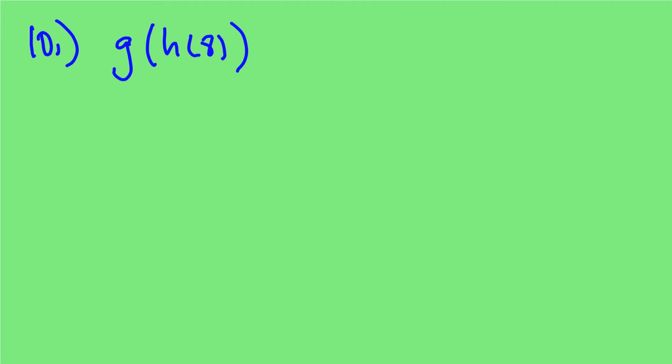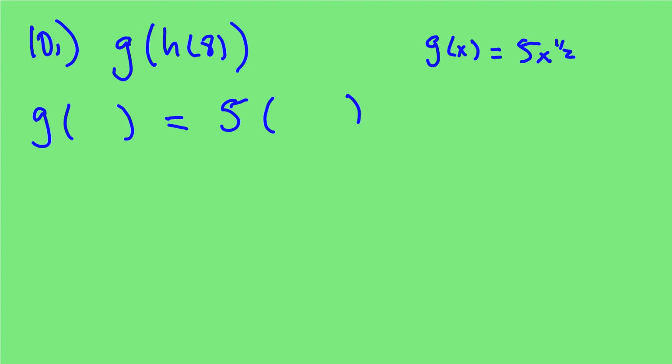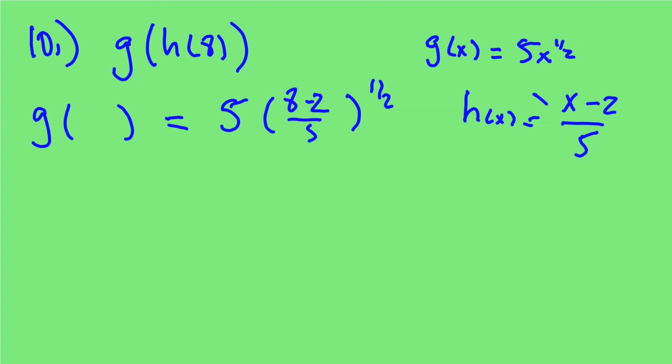Alright, 10, very similar. I start with g of big blank space. So if g of x is 5x to the 1/2, when I put g of big blank space, I just put 5 big blank space to the 1/2. And if h of x is equal to x minus 2 all over 5, that means h of 8 is 8 minus 2 all over 5.